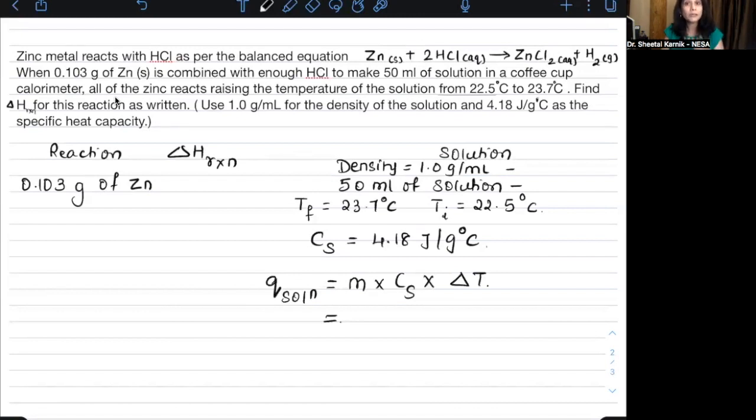Since I have 50 milliliters of solution, I know the mass is 50 grams. I multiply it by the specific heat capacity, which is 4.18 joules per gram degree Celsius, and multiply it with delta T, which is final minus initial, that is 23.7 minus 22.5 degrees Celsius.